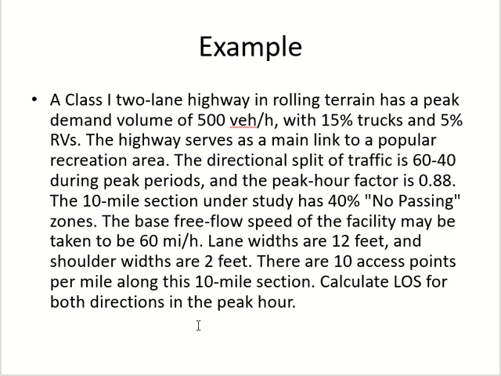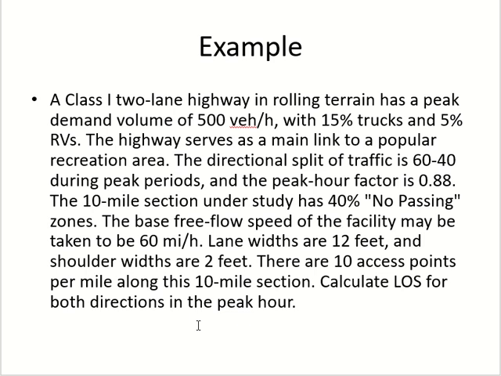It's a link to a recreational area. Directional split 60-40. So one direction has 60% of traffic, the other one has 40% of traffic. Peak hour factor 0.88. The highway is 10 miles. We have 40% no passing zone.